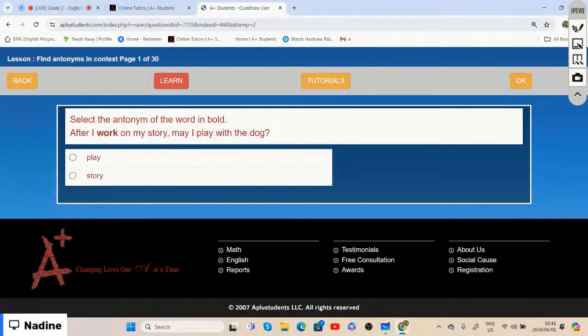So what is the opposite of work? Because we need to work and we need to... Is it play or is it story? The opposite of work.